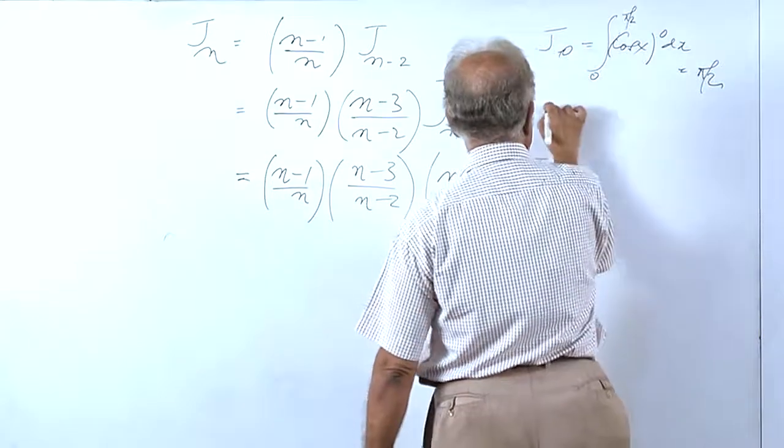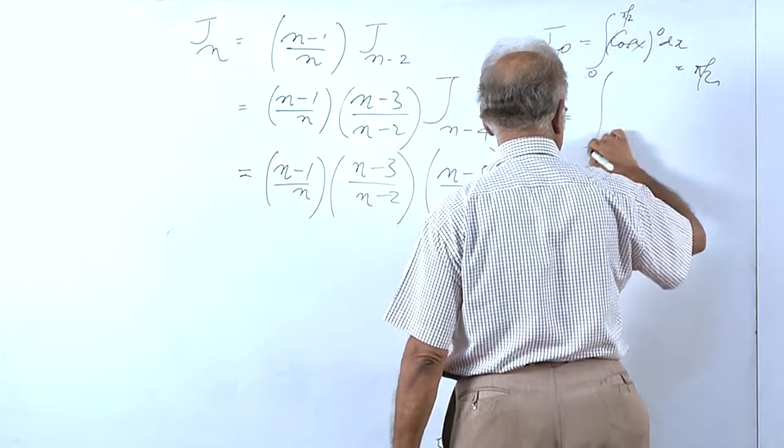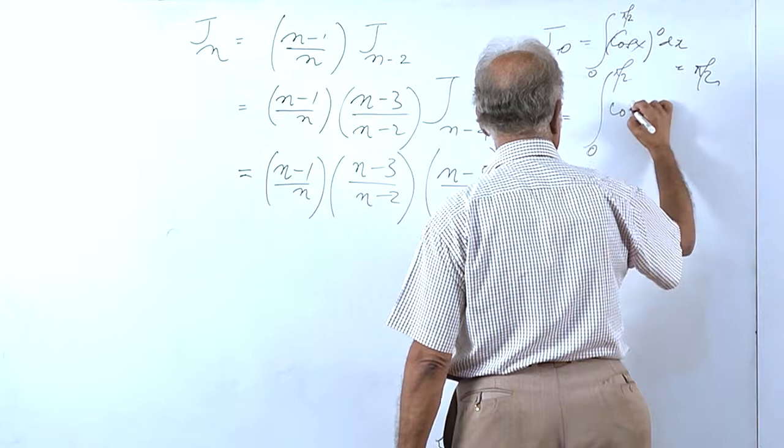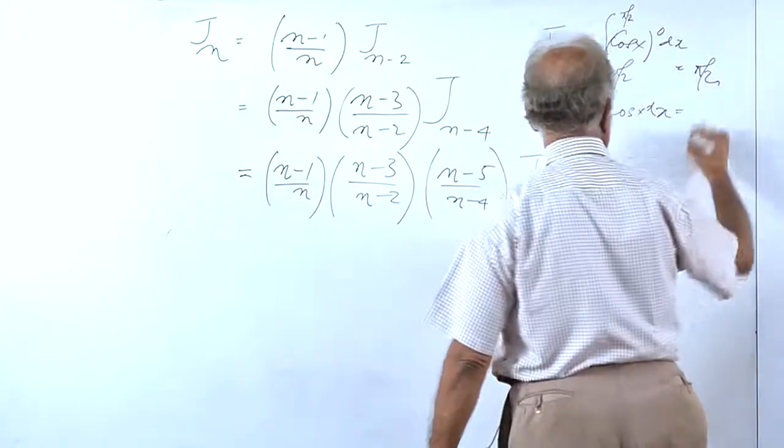J1 will ultimately be nothing but the integral from 0 to pi by 2 of cos x, that is nothing but 1.